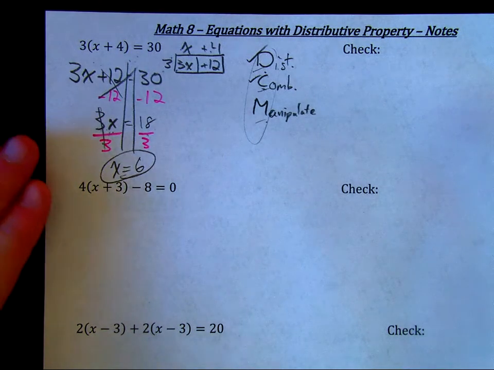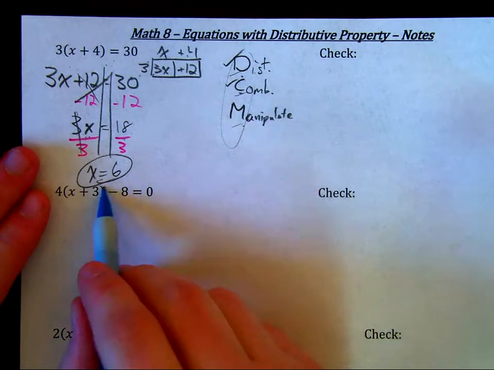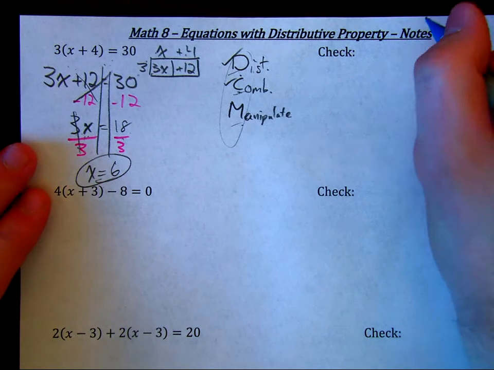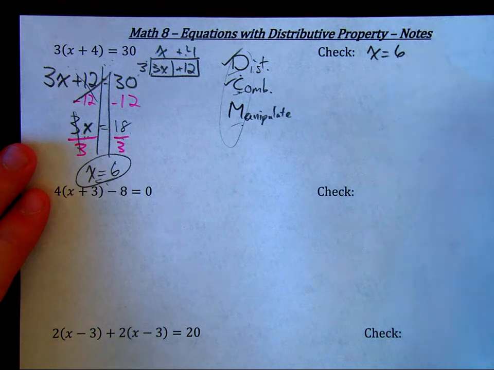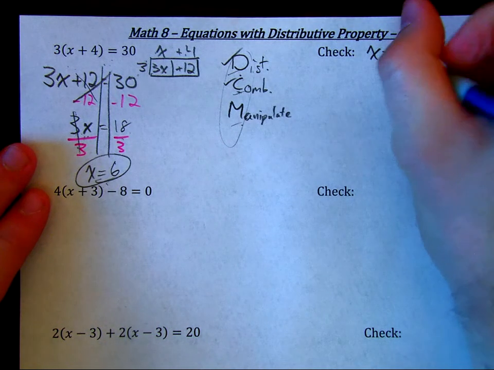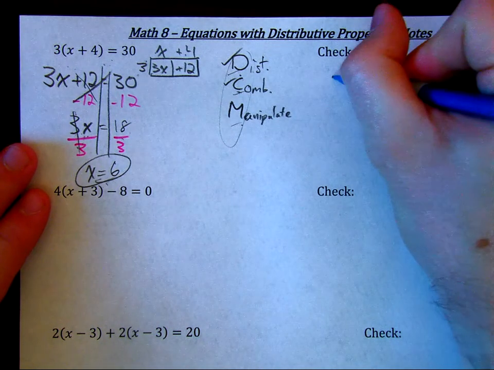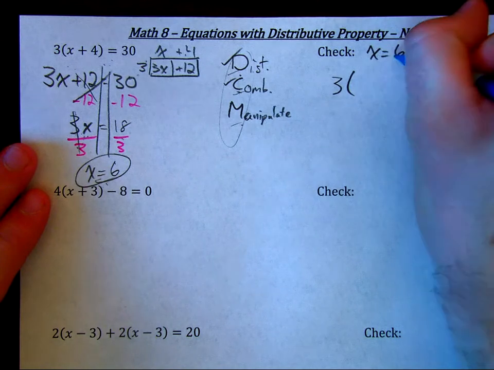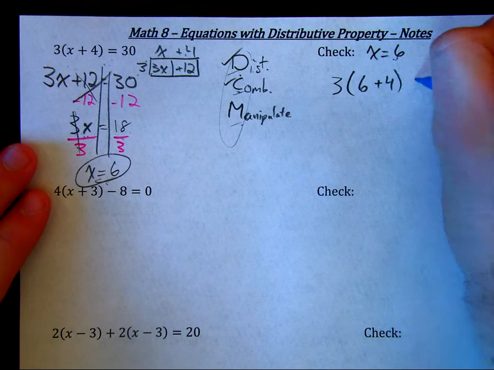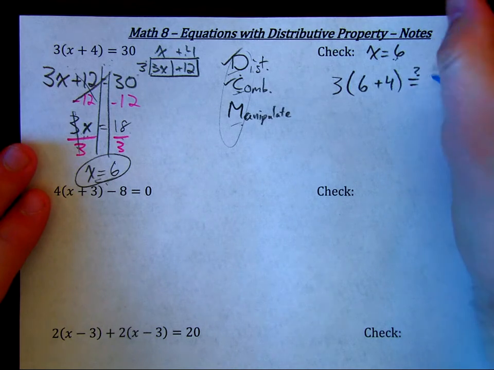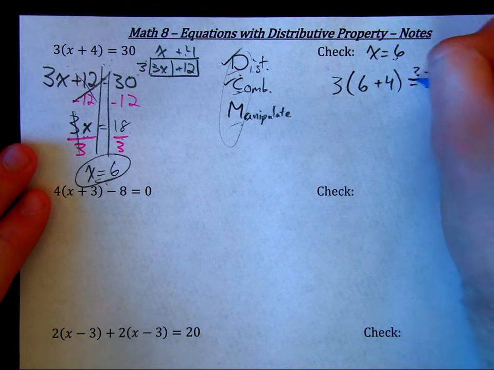Again, to check, I'm going to plug in the value x equals 6. Again, you can use this on the Desmos calculator, or you can show your work like this. You can say 3 times quantity, and then I have, instead of an x, I now have a 6. So that would be 6 plus 4. And we're saying, does that equal 30? That's what that question mark is there.